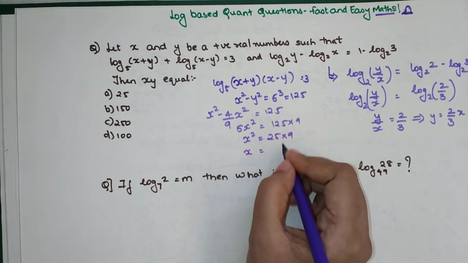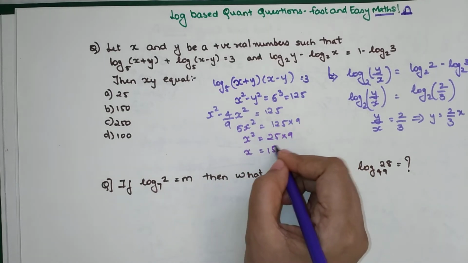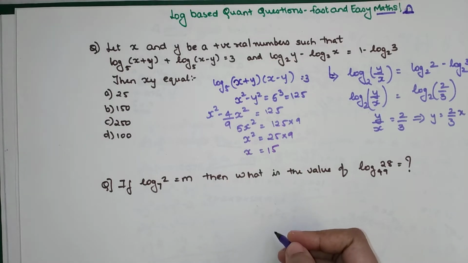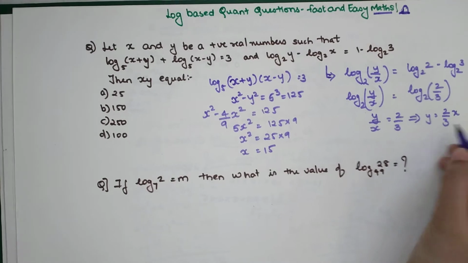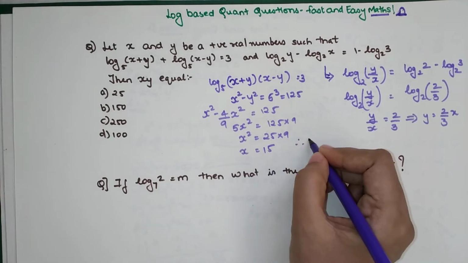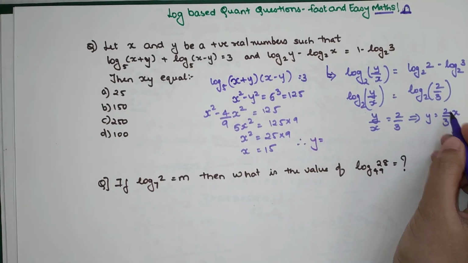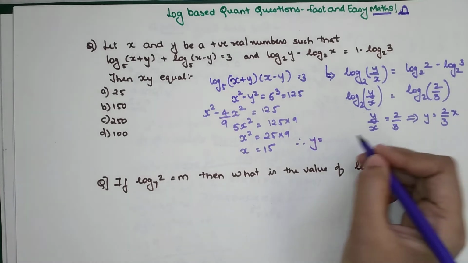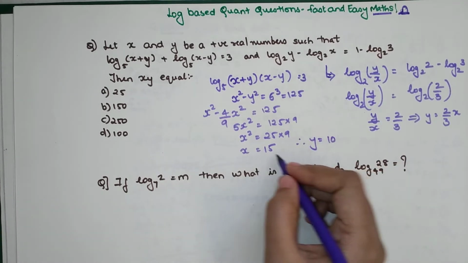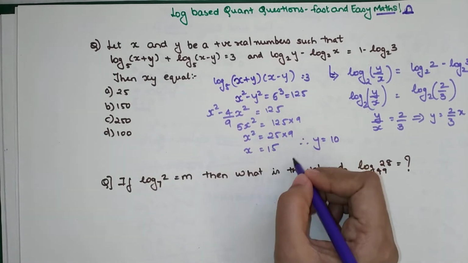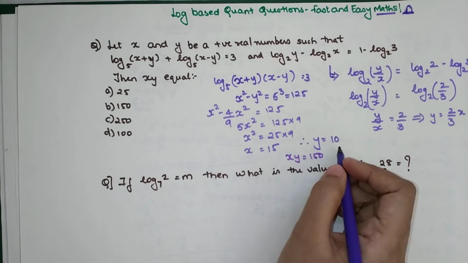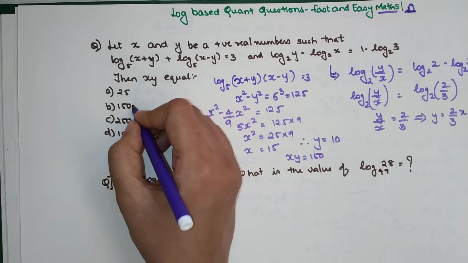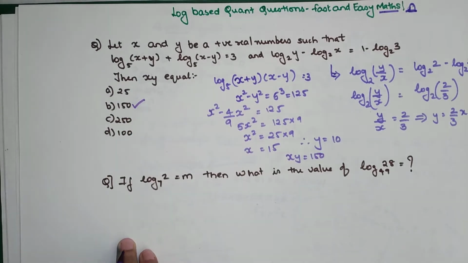So x will be 5 into 3, that is 15. Now substituting this value, y is equal to 2 upon 3 into 15, that gets you 10. Since you wanted to find xy, xy is 150, because 15 into 10 gets you 150. So option B is my answer.